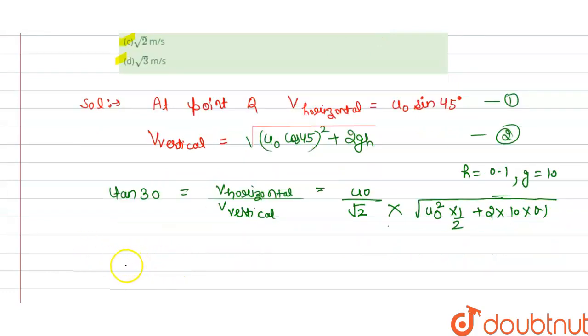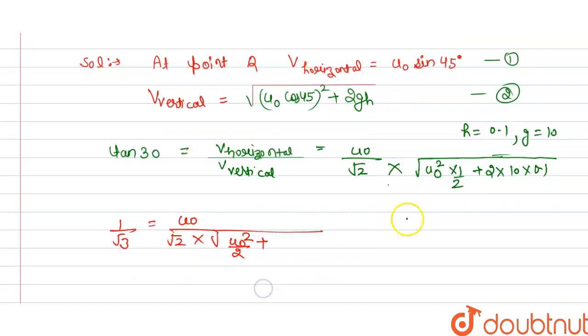So from this we know that tan 30 is 1 by root 3, and this equals u0 divided by under root 2, multiplied with u0 square divided by 2 plus this, which will cancel out, so we are left with only 2 here.